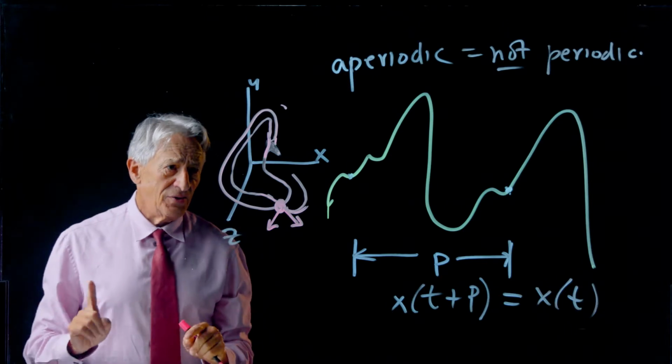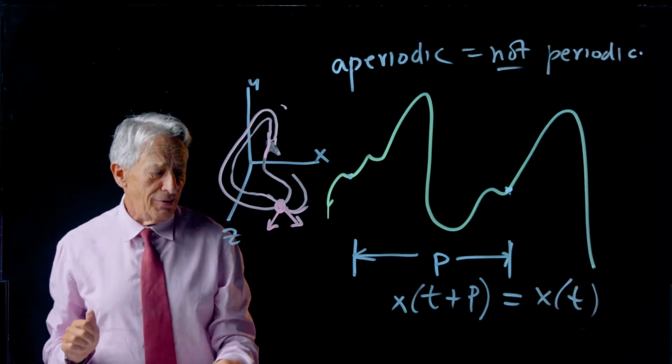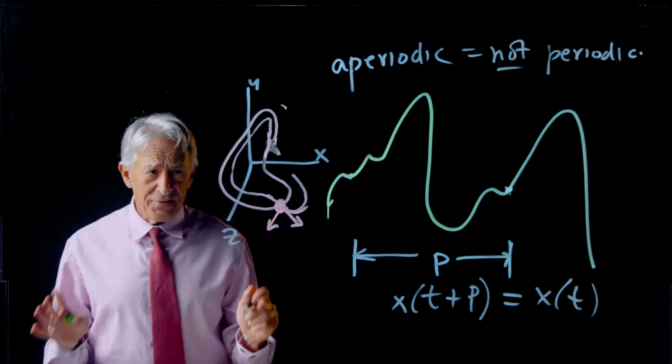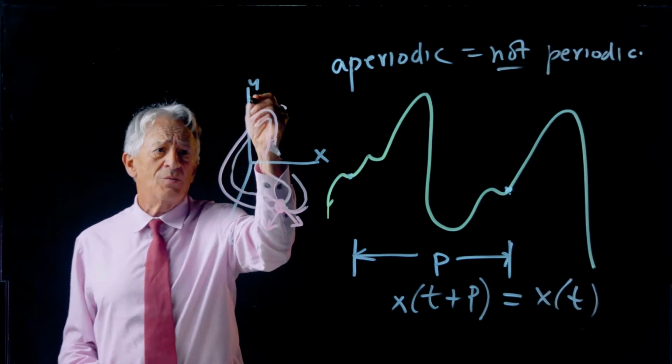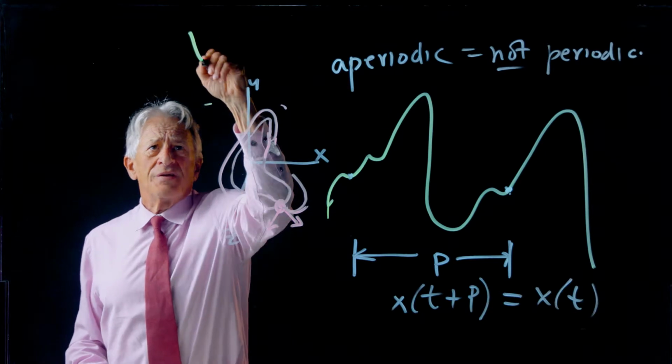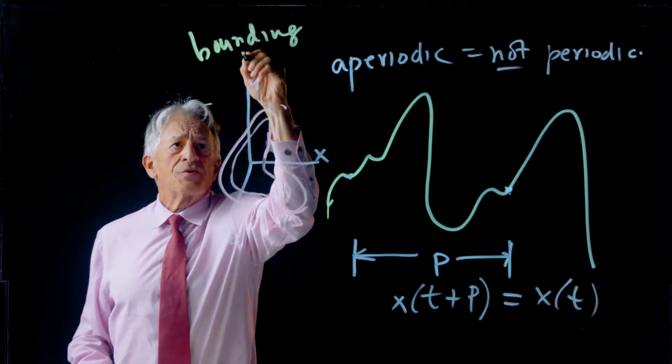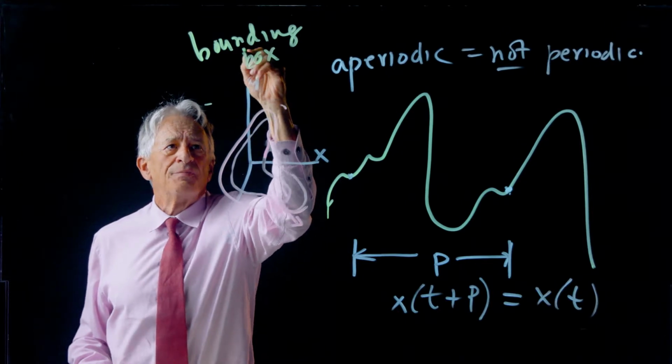And to make that a little harder still, we're going to create another condition that has to be obeyed, which is the existence of what is called a bounding box.